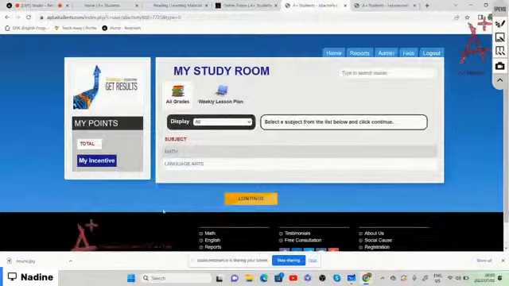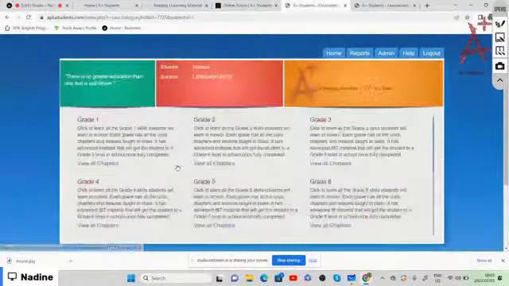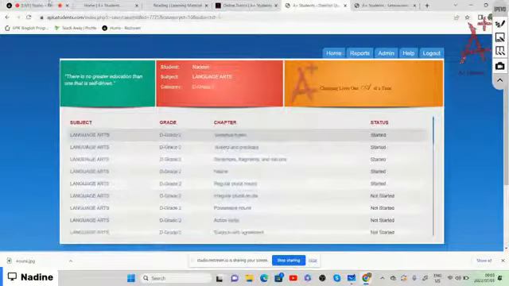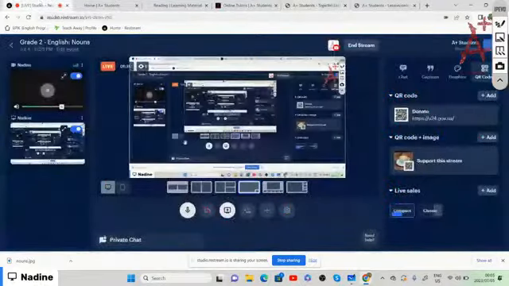Then you're going to select the subject of language arts because that is what we are doing. We are doing language arts, right? And then we're going to click on grade 2, right? So grade 2, language arts.